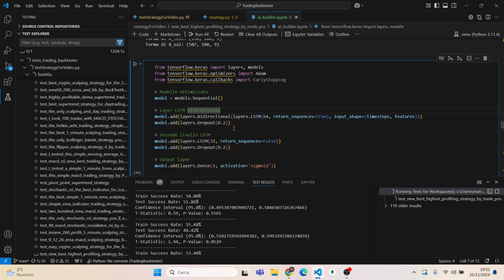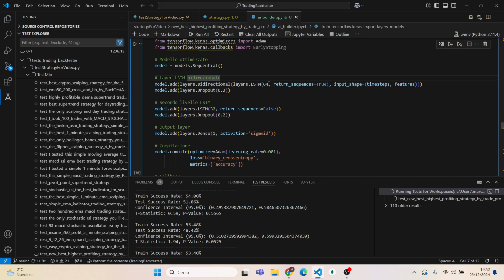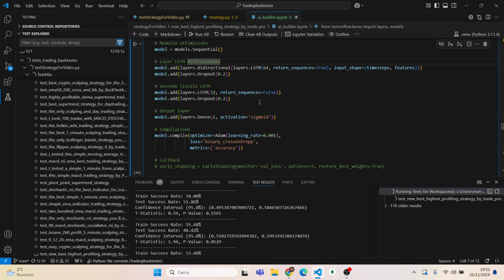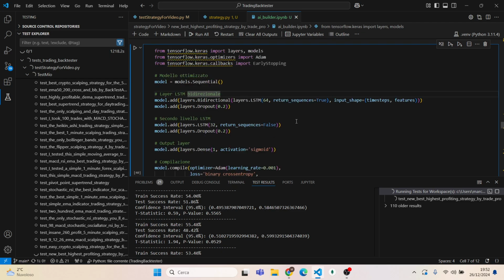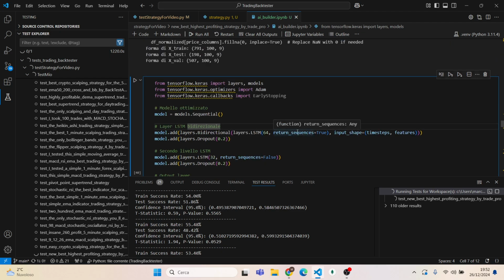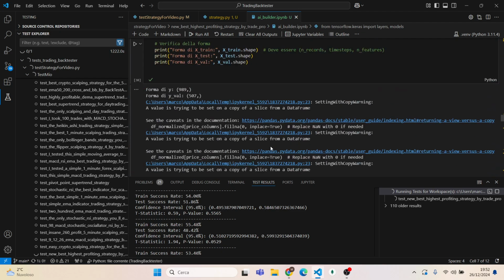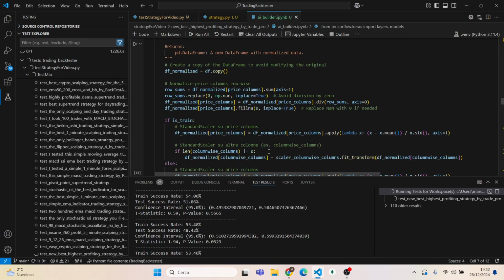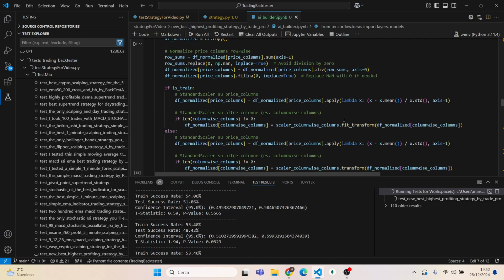As you can see, here are the settings of the model. If you want to take a look, it's pretty simple. It's not a too complex artificial intelligence because the dataset is not so big. So I think these are the best settings. I didn't mention that, but I also normalized the data. If you are curious, here is how I normalized the data.